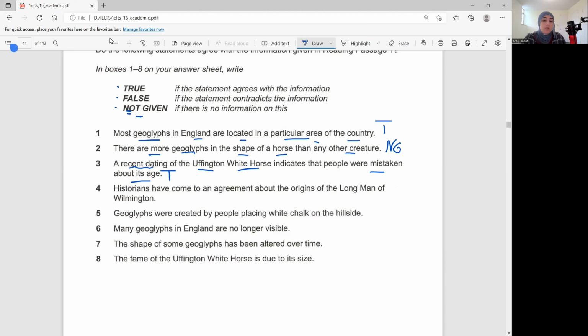Number 4, historians have come to an agreement. Historians agreed that the origins of the Long Man of Wilmington, so they came to an agreement about where this Long Man of Wilmington came from. Let's find that piece of information.